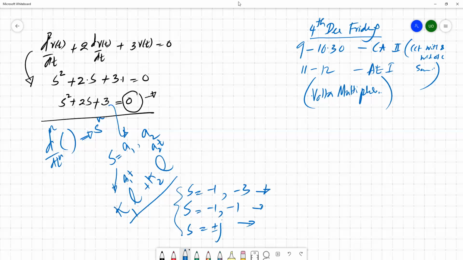You have differential equation from the morning 9 to 11, so it's not feasible. So I'll move the 2 midterm exams to Friday, 4th December. In the morning 9 to 10:30 we have circuit analysis 2. Then after a 30 minutes break, we can have the analog electronics 1 midterm.